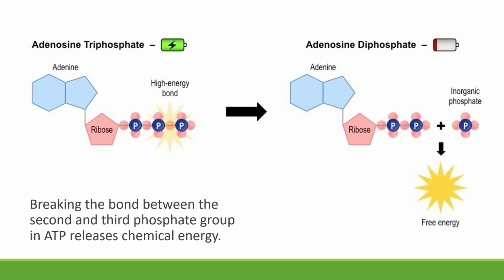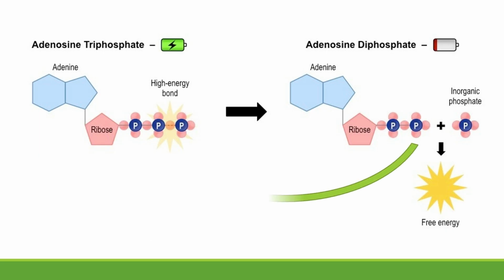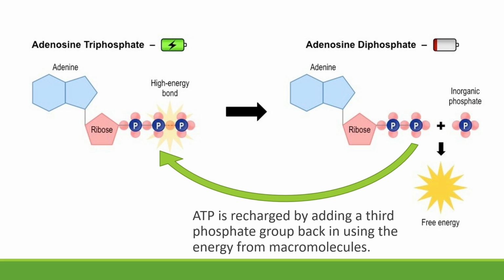So we can think about ATP that you see on the left as being like a fully charged battery. And when that bond is broken and it's transformed into ADP, the battery then loses its charge. However, the ADP molecules can be recharged back to ATP, the fully charged form, by simply adding another phosphate group back into the chain.